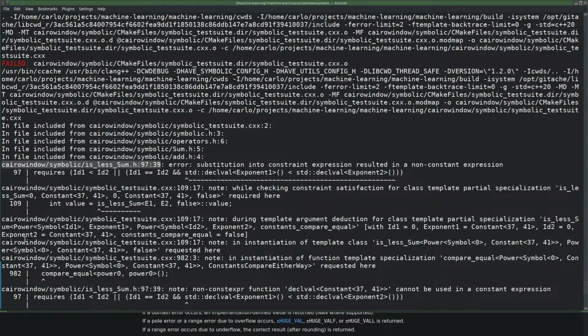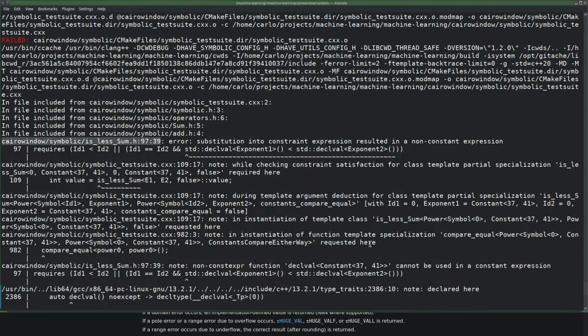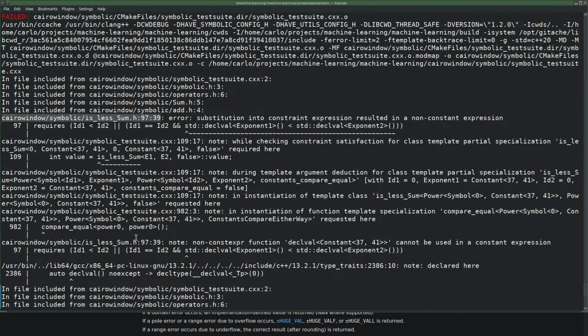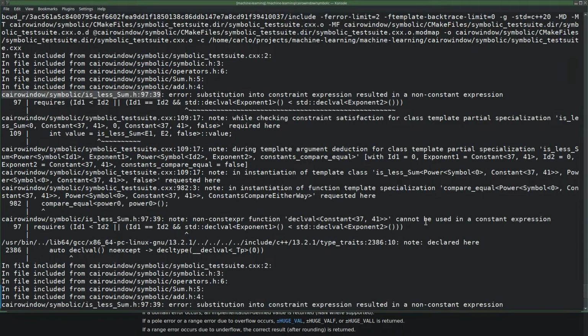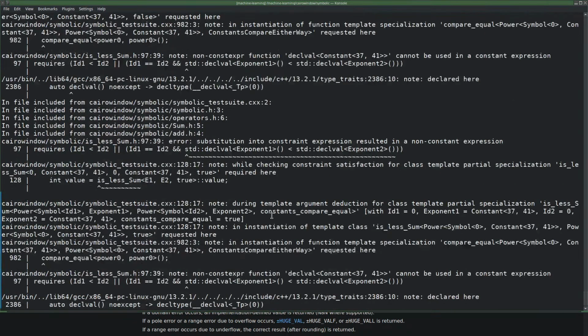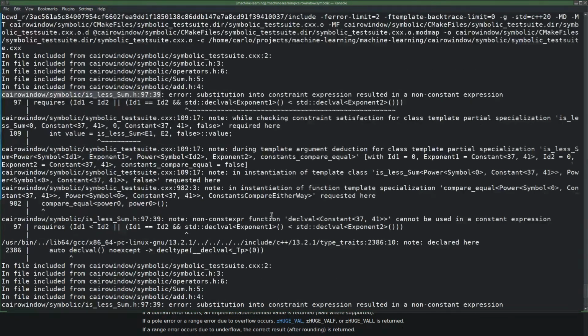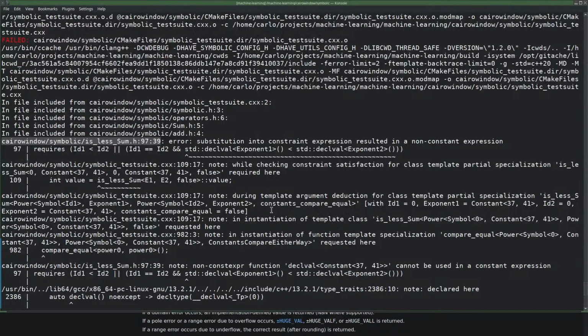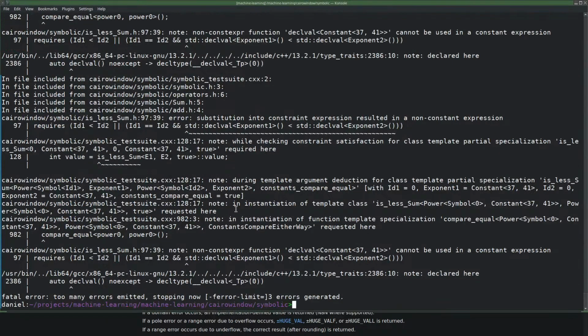Exponent is a constant. Two equal exponents. Specialization. Cannot be used in a constant expression. Declaration value cannot be used in a constant expression. That is stupid. I have to figure out something else then.